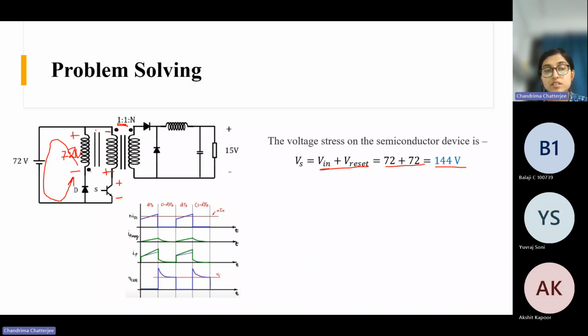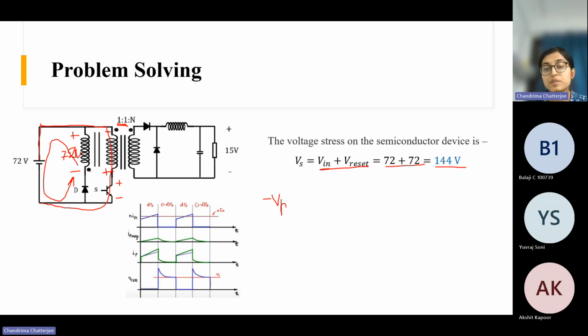So if you just take this loop, starting here to here to here to here, what will you get? Suppose this is minus, this is plus. Suppose I am calling it V primary, VP.